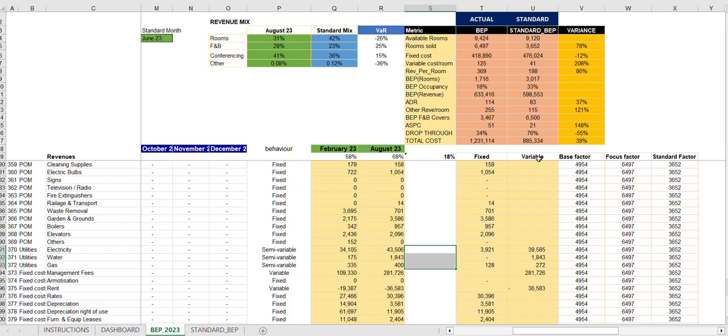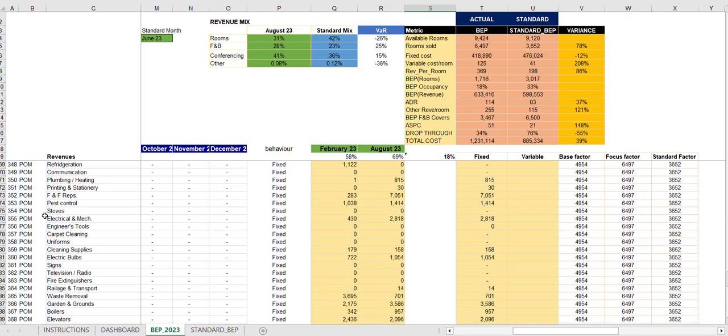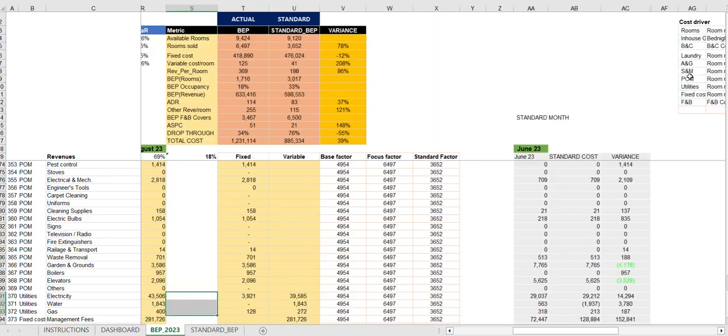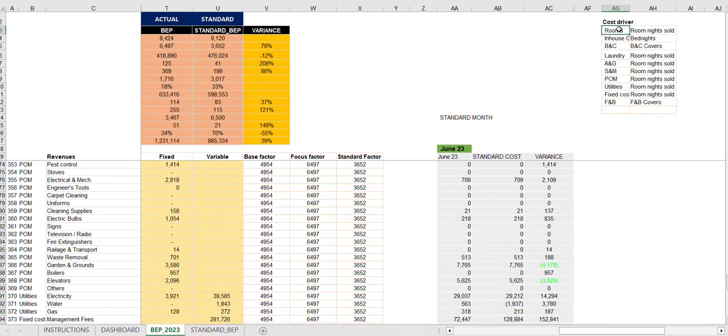However, take note, each and every cost has a cost driver depending on the department. So there's this section up here whereby we have cost drivers. For example, if it is rooms, they are driven mostly by room nights. If it's something to do with in-house, then it has to have bed nights.